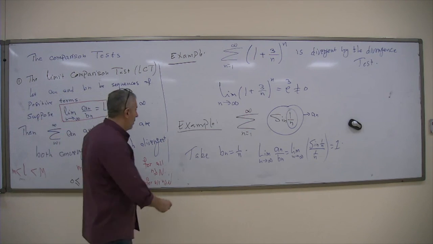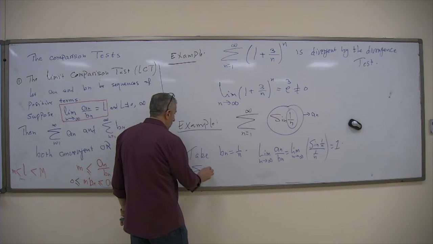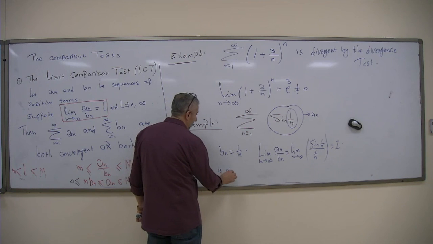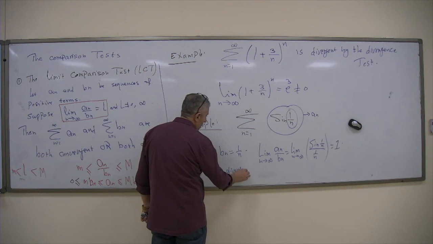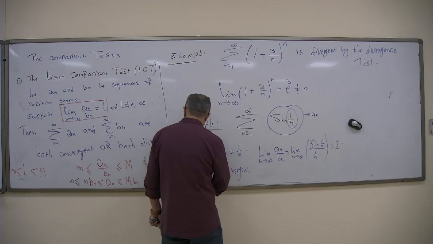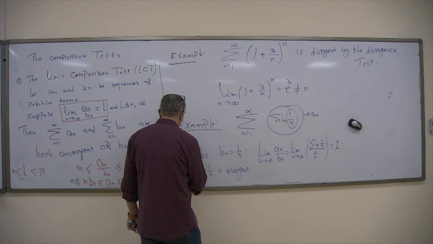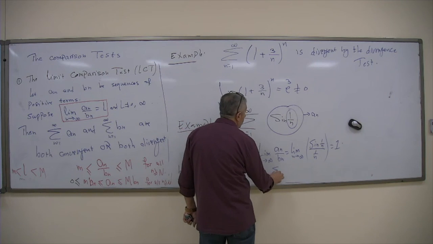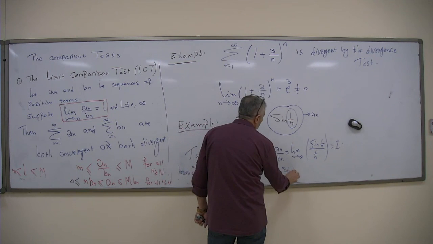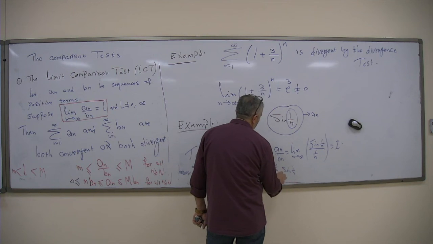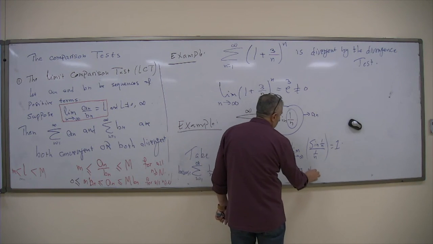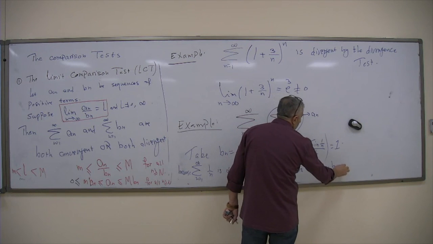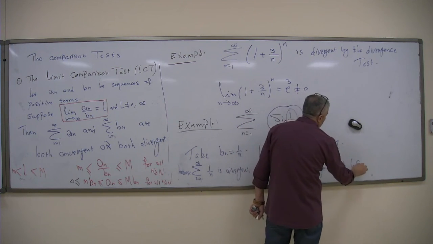We know summation 1 over n, n from 1 to infinity, is divergent. Because this is divergent, then summation sine 1 over n, n from 1 to infinity, is divergent by the LCT, limit comparison test.